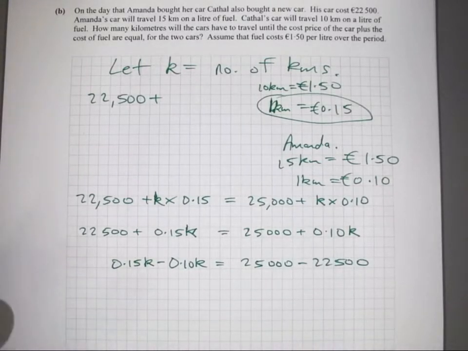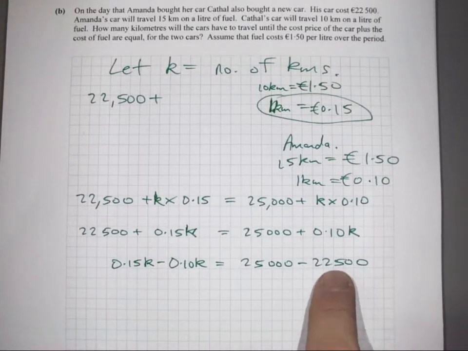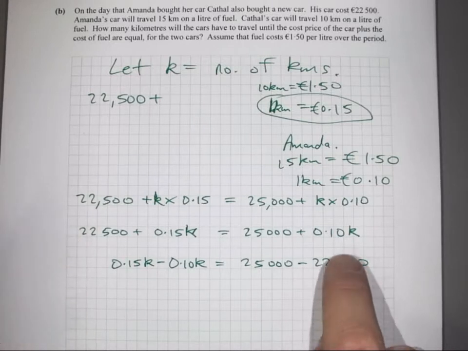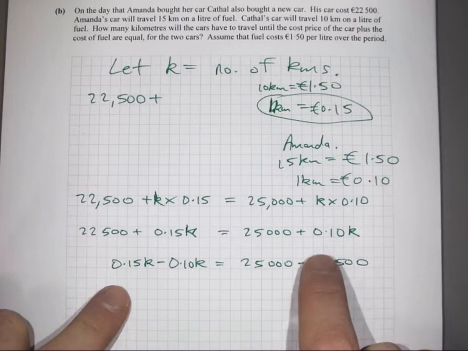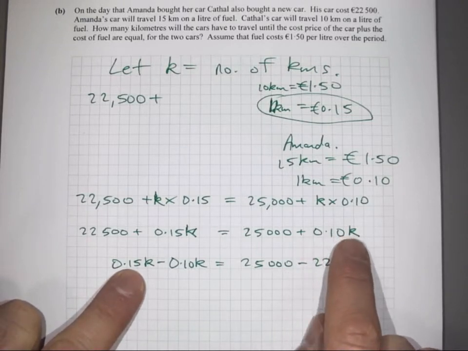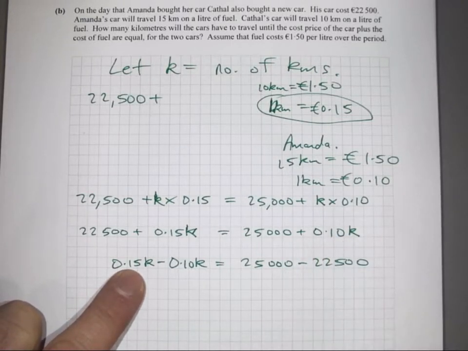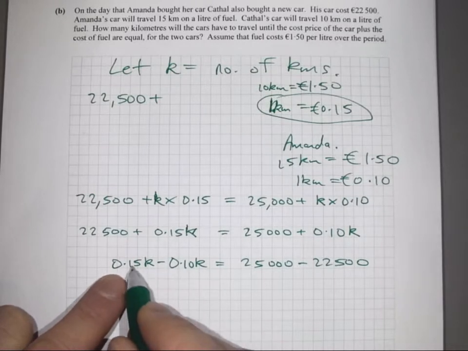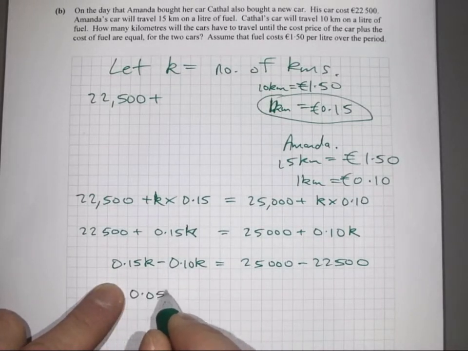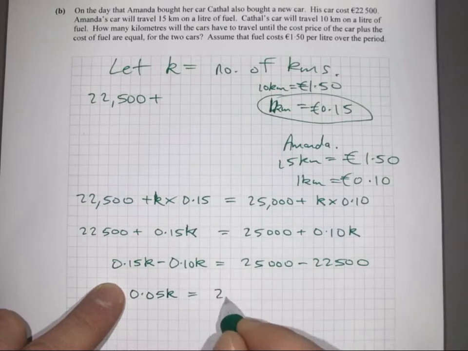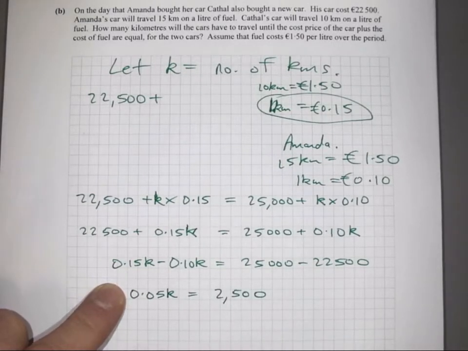So I've done a good bit of algebra there in one go, but essentially I've subtracted 22,500 from both sides, so it cancelled from the left, and I've subtracted 0.10 k from both sides, and we get this here, and they cancel from the right. Right, so tidying that up, this number minus that number gives us 0.05 k equals 2,500.